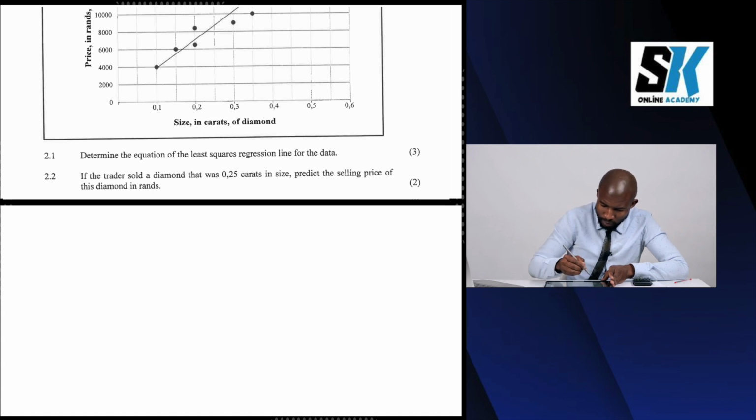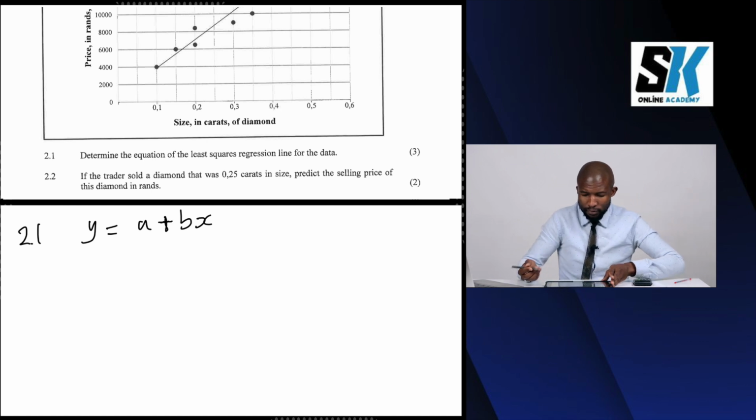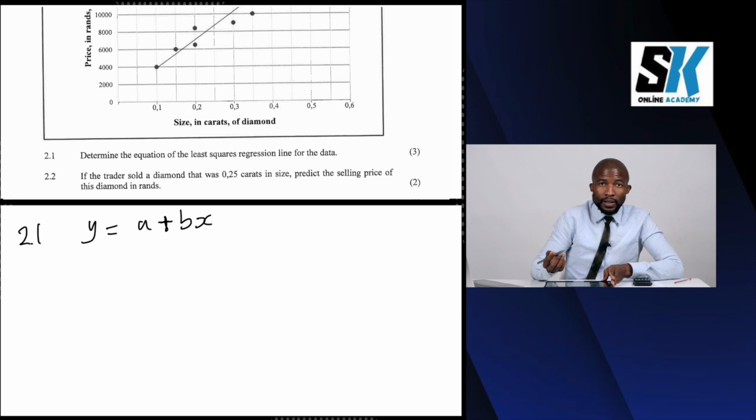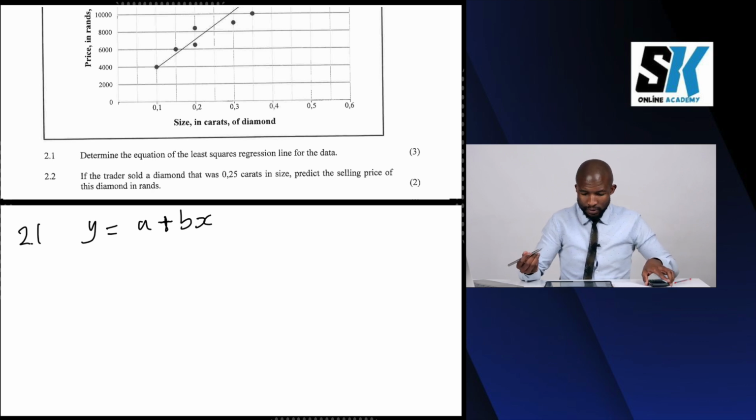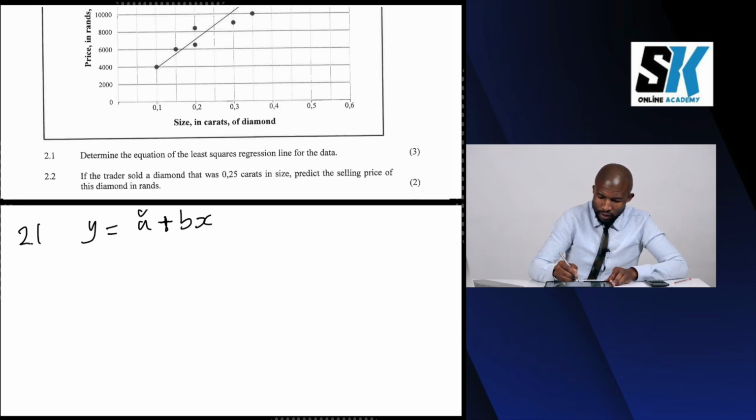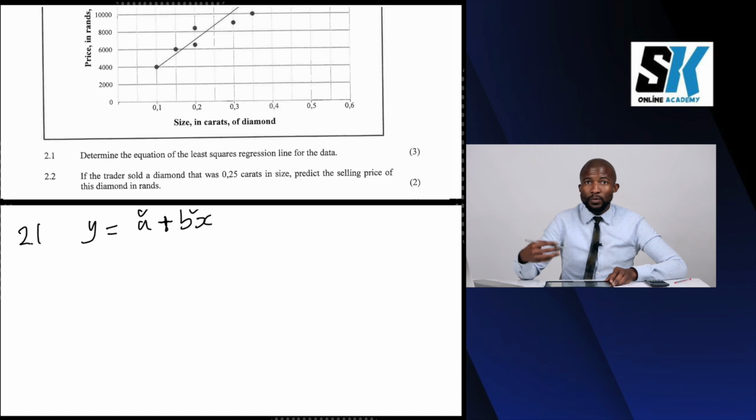That equation is y is equal to a plus bx, which is similar to a straight line equation, if you know what I mean. So now we're going to use our calculator skills to get the value of a and also the value of b. Then we would have found the equation that they are looking for.